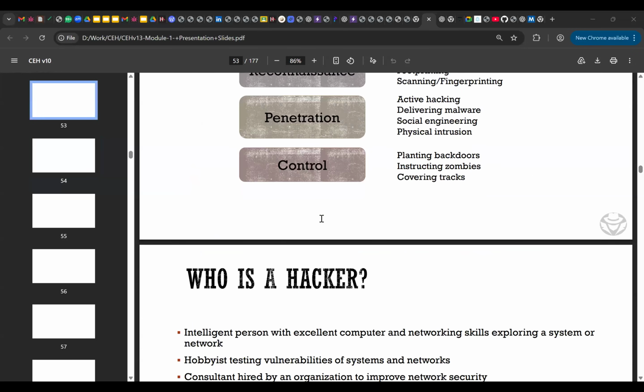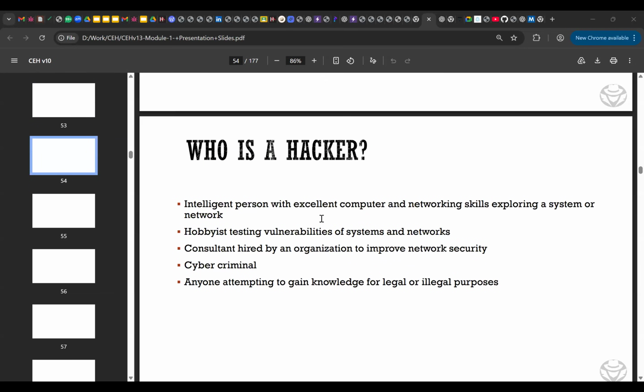Okay, so next is who is a hacker? A hacker could be an intelligent person who has excellent computer and networking skills and is exploring the system or the network.